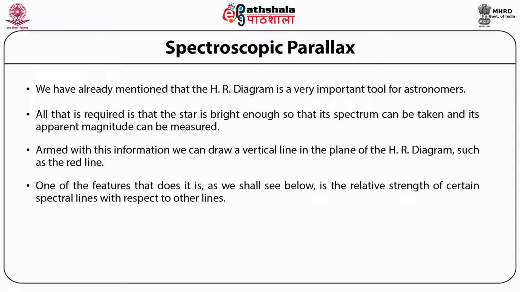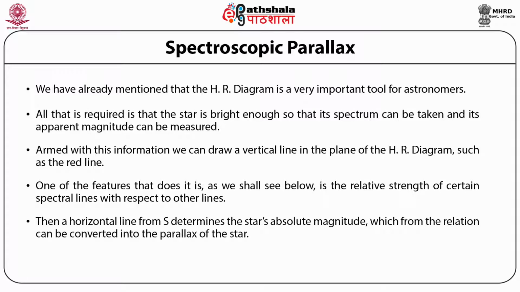One of the features that does it is, as we shall see below, the relative strength of certain spectral lines with respect to other lines. This fixes the position of the star on the vertical line. Let's say the position be S. This amounts to fixing the luminosity class of the star.